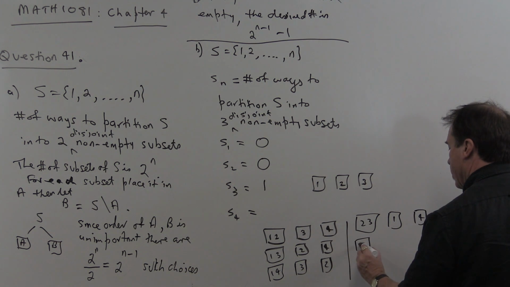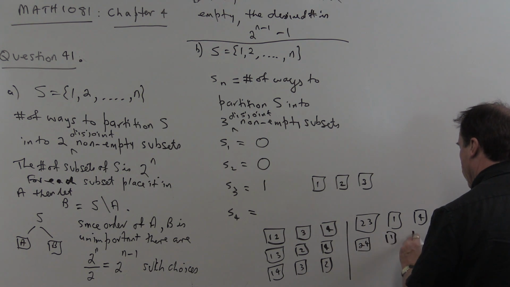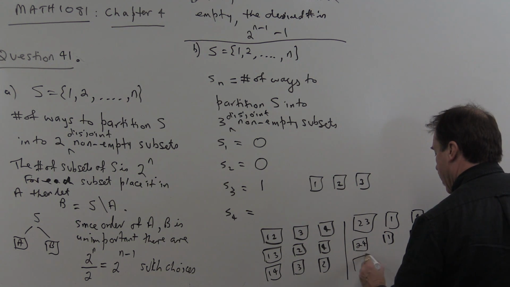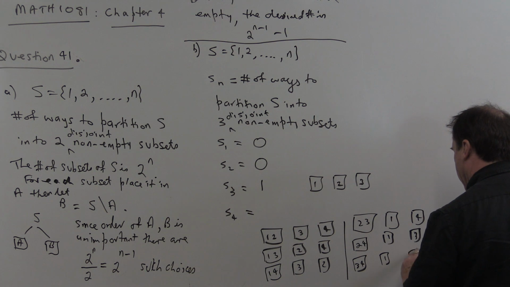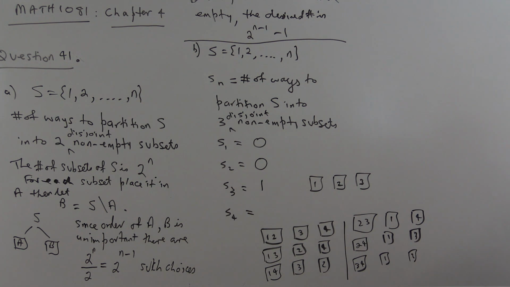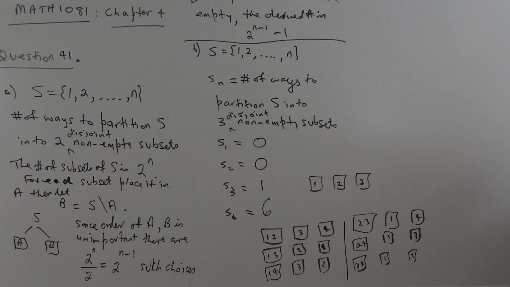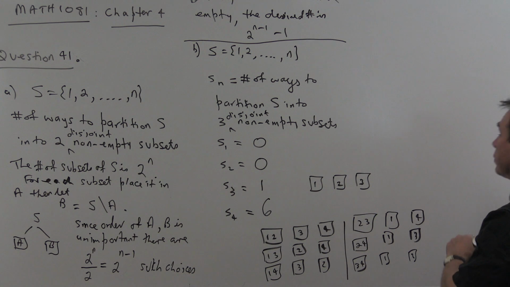I could have put 2 and 4, and then I get 1 and 3. Or finally, I could have had 3 and 4, and then I put 1 and 2. So in fact, there are 6 different ways of splitting it up when you've got 4 numbers to split into 3 boxes, non-empty, and the order doesn't matter.